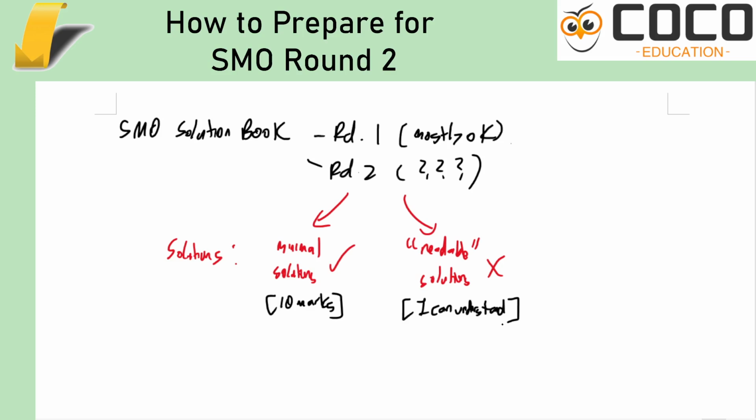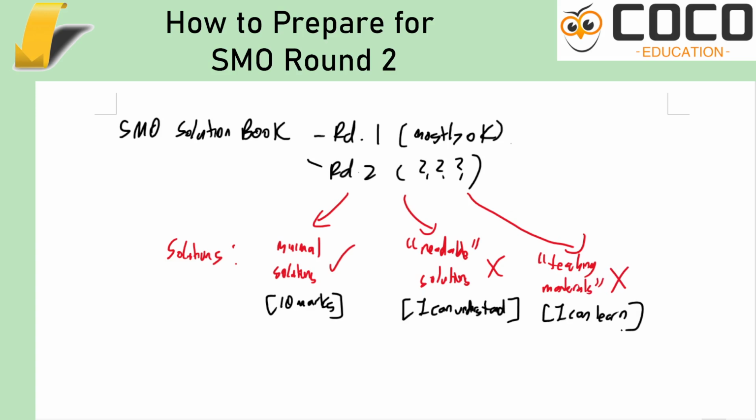The solutions in the solution book are not readable solutions, they are minimal solutions. So they are also not teaching materials. In other words, they are also not good for learning. Well, not in the traditional sense anyway.